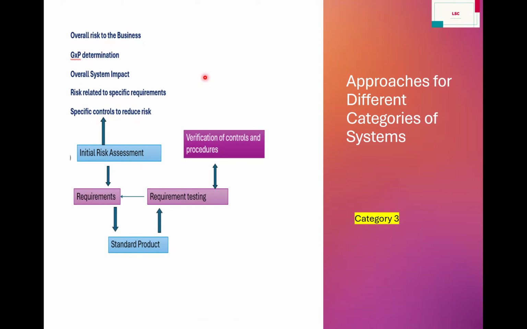So this comes in category 3, right, where we perform risk assessment, then our requirement is there, we achieve our standard product, then we test our requirement and verify control and procedure, right.